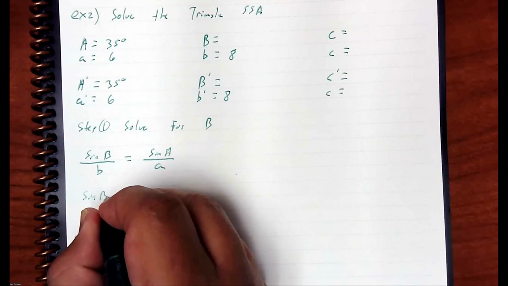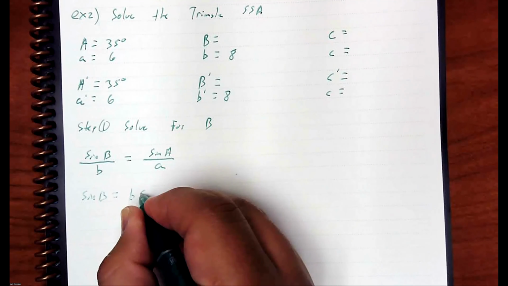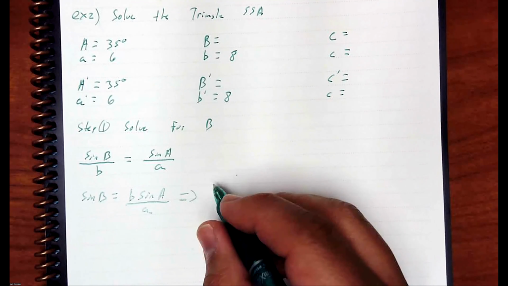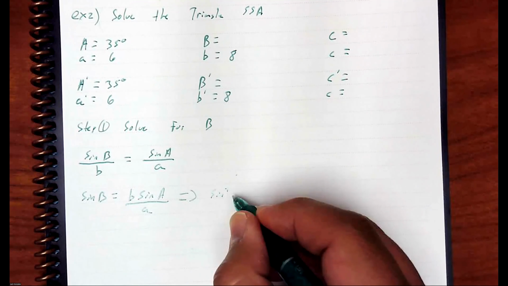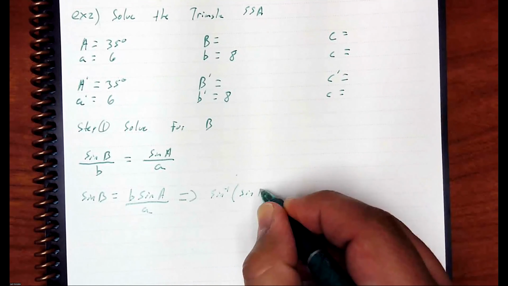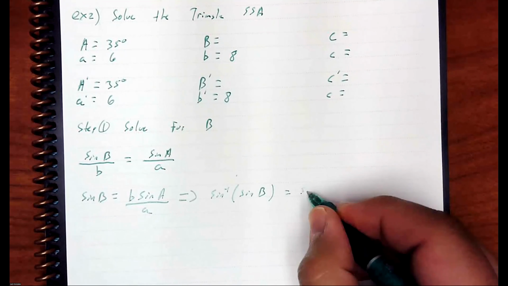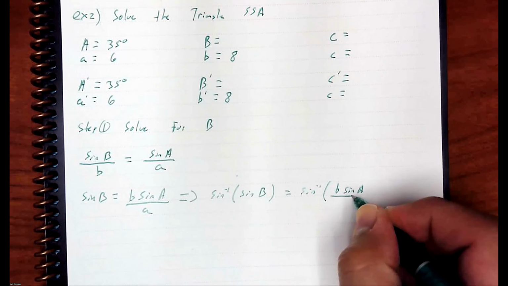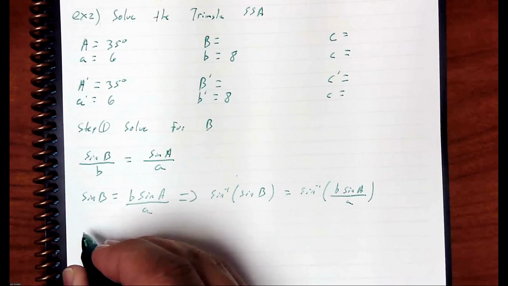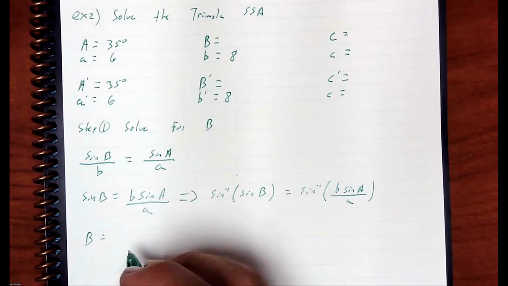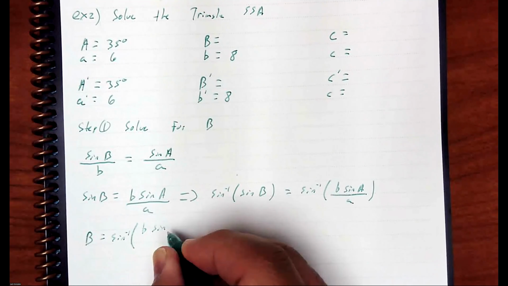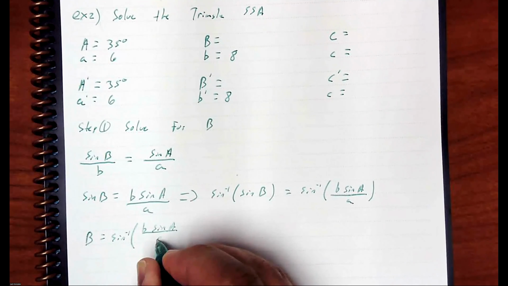So isolate sine B, multiply both sides by little b. We get you to here. Solve for capital B, that would be a sine inverse thing. So that means that B is equal to sine inverse of b sine A over little a.